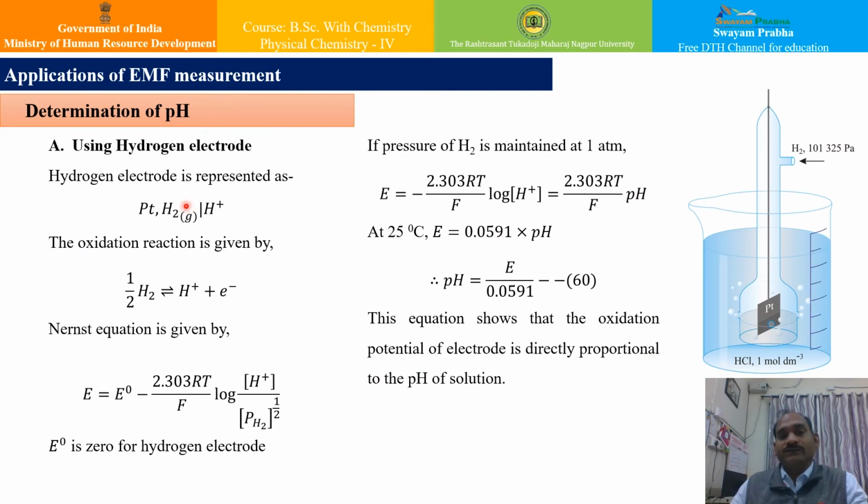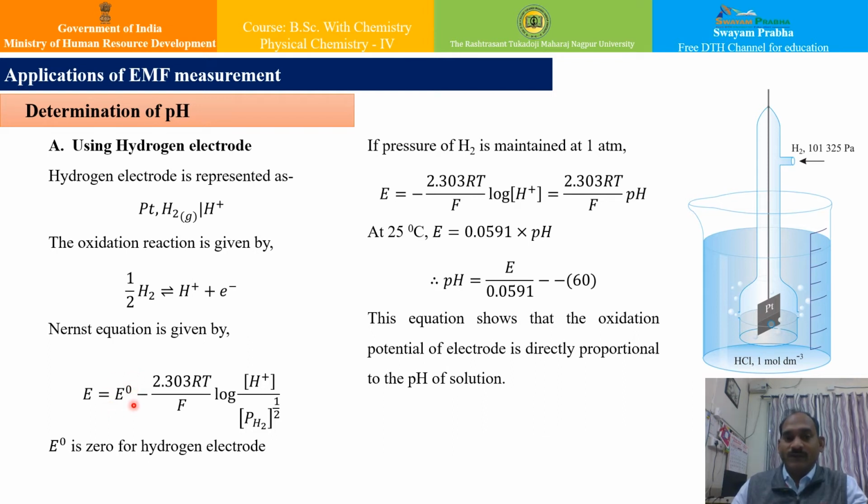Now if I take the example of the hydrogen electrode, say my hydrogen electrode is represented like this. The oxidation reaction is given by this expression, and based on this expression my Nernst equation will be of this fashion. Now this is the pressure of hydrogen, and for this hydrogen electrode, I know that the standard EMF is 0.